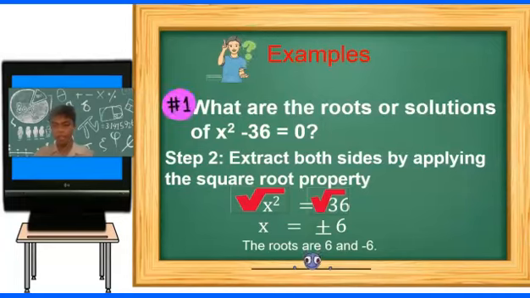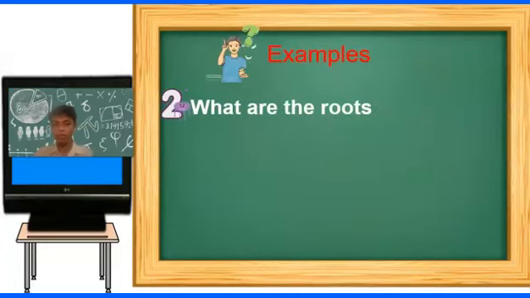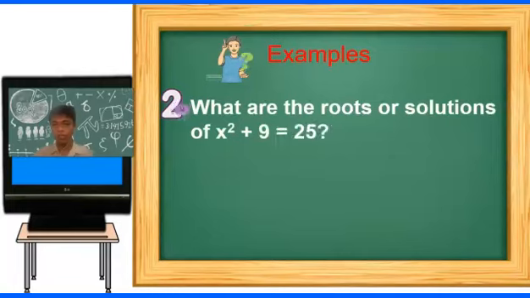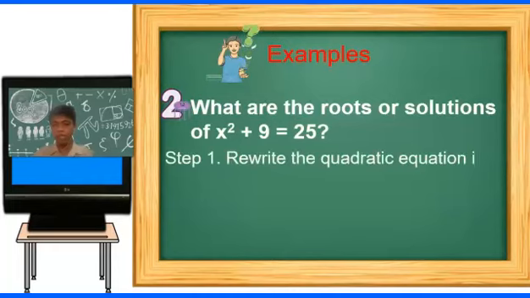Okay, kung naintindihan, let's move to example number 2. What are the roots or solutions of x squared plus 9 is equal to 25? For step 1, rewrite the quadratic equation in the form of ax squared is equal to c. Kung mapapansin nyo, dalawang ating constant term. One is nasa left side, which is 9, na ililipat natin papunta sa right side.